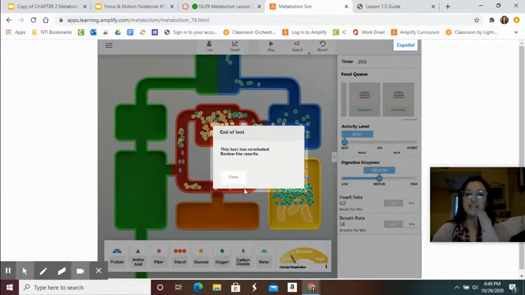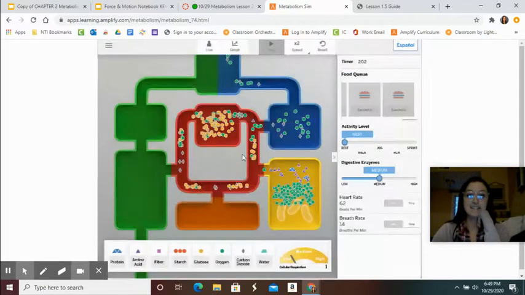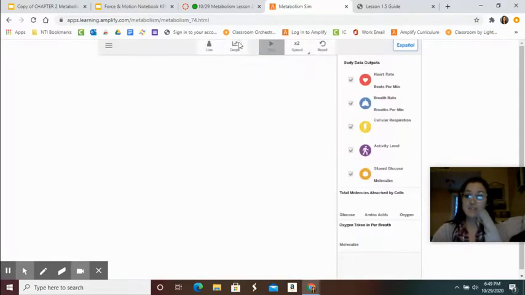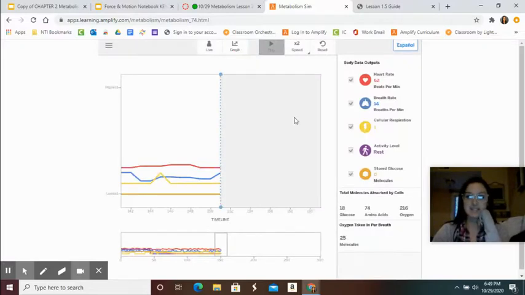I don't know what happened, but this was the end results of the diabetes test. And so with our diabetes, our results were 18 glucose, 74 amino acid, 216 oxygen, and 25 molecules. So if you were in the diabetes group, these are your numbers.